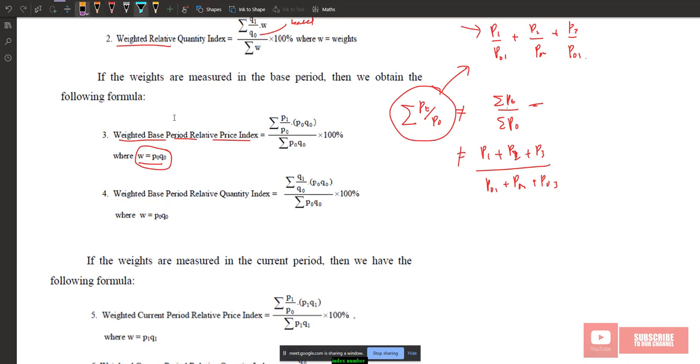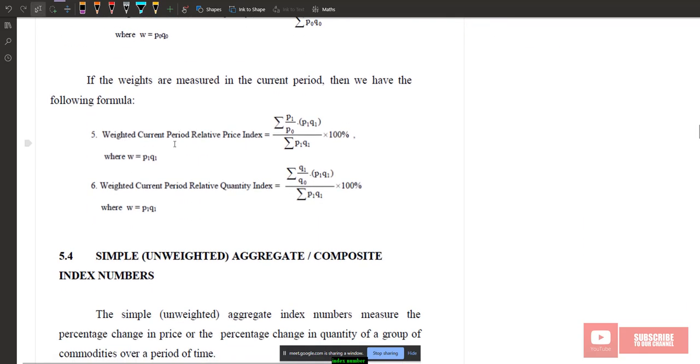So if you want to find the weighted base period relative price index, let's say weight is the base period, so you just change W equal to base period. So it's just the same formula, right? So for the current period weighted relative price index, we just change weight into equal to current period.